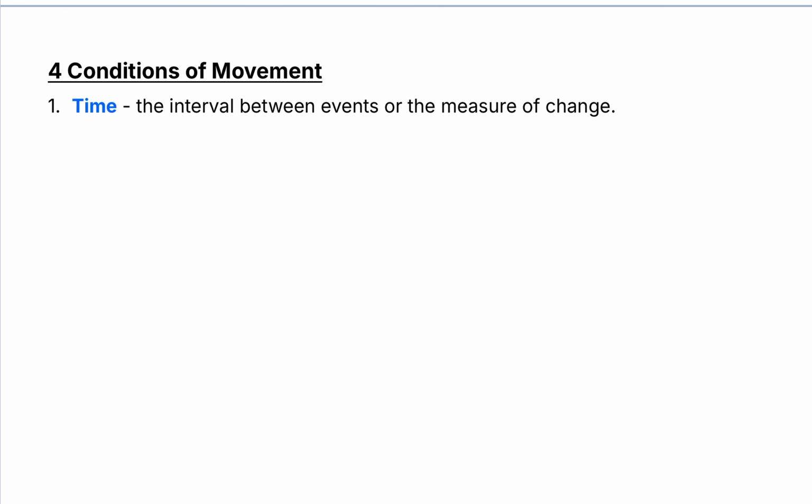Now, the unit measure of time is typically in seconds, or S. Sometimes it is done in minutes, that's MIN, or sometimes it's in hours, represented by H. The most common will be seconds.